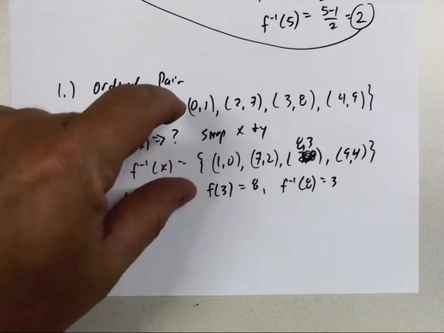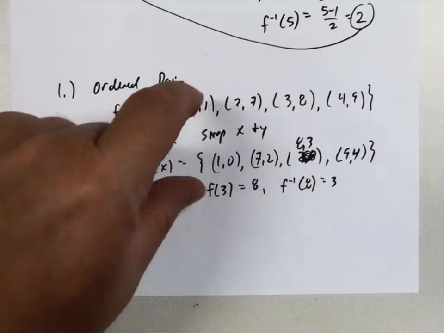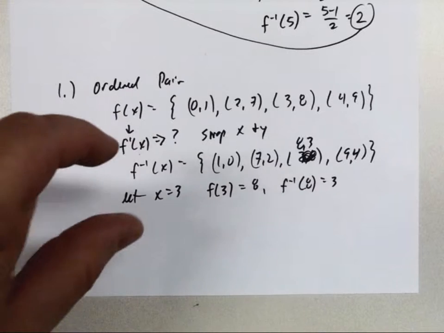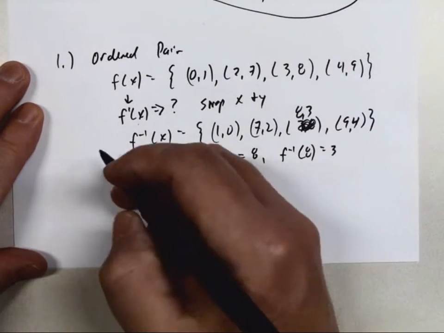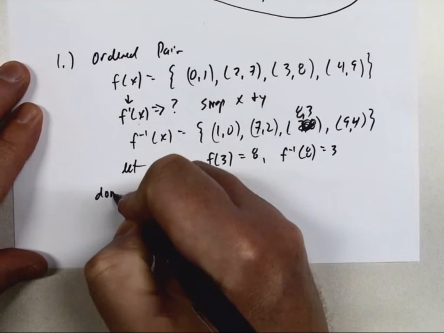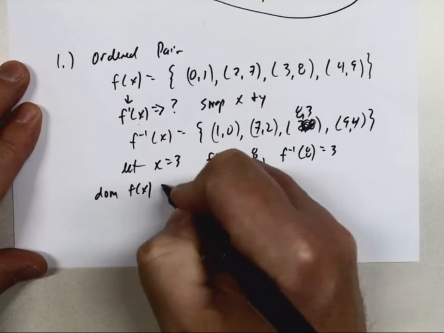Now let me explain with ordered pairs, and this rule also applies to graphs and equations, but I don't want to take the time to explain graphs and equations because the principle applies to both. And that's the idea about domain and range. What's the domain of f of x?